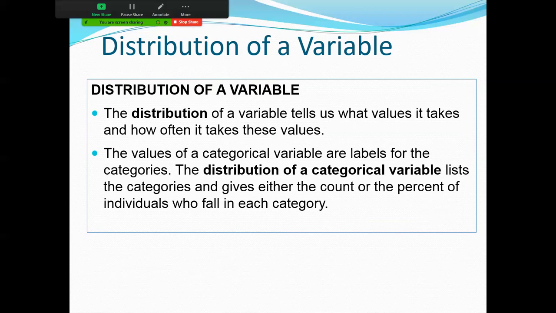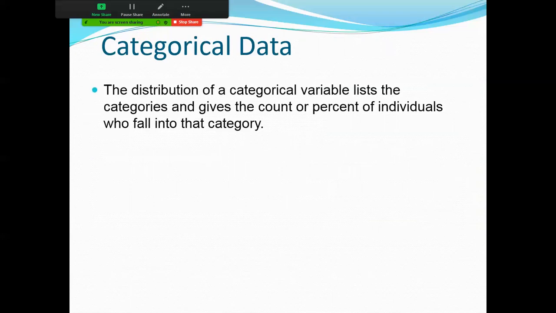The distribution of a categorical variable lists the categories and gives either the count or the percent of the individuals who fall in each category.